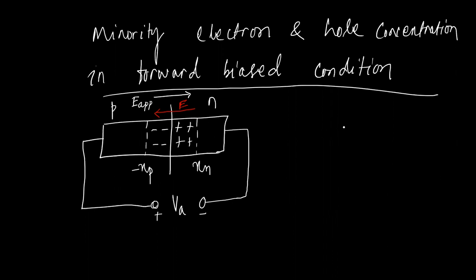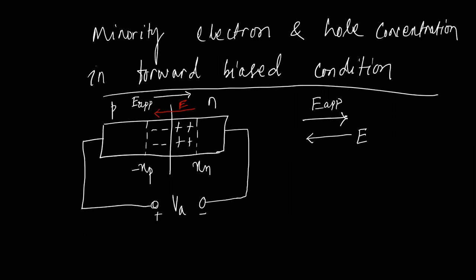You can see the applied voltage is opposite to the electric field that is induced in the space charge region, right? This induced field actually prevents further flow of majority electrons from N to P and majority holes from P to N, and maintains the equilibrium. This is what we have already done.